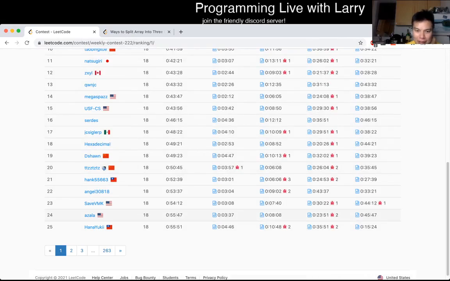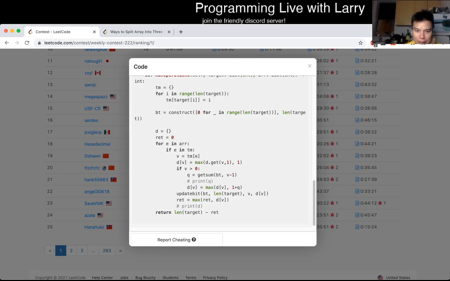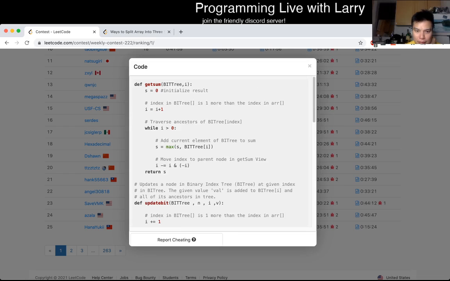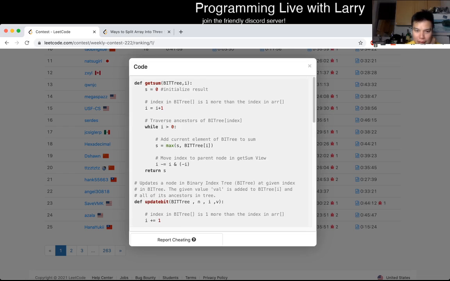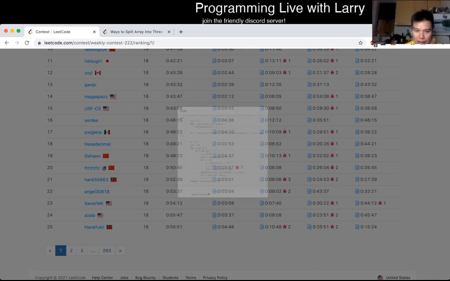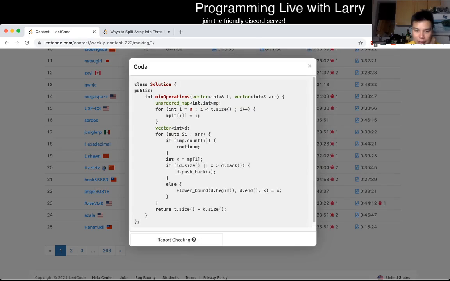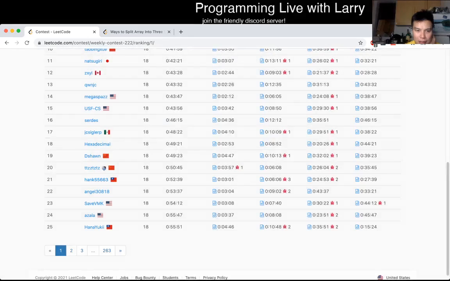I think, to be honest, that's just LIS, longest increasing subsequence variations.